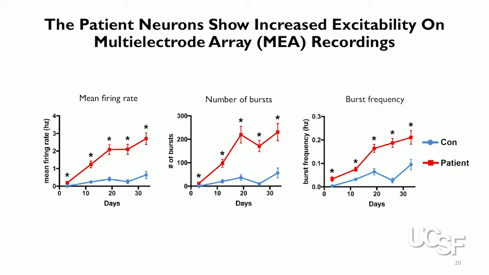So it's very exciting to see the neurons generated from the male patient iPSC actually have increased firing activity as measured by the mean firing rate, and also the number of bursts and the burst frequencies increased compared to the neurons from the control iPSCs shown in blue.